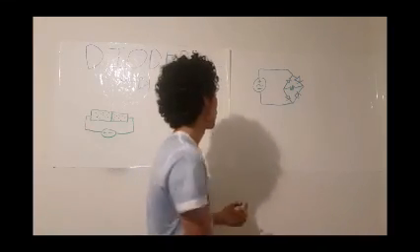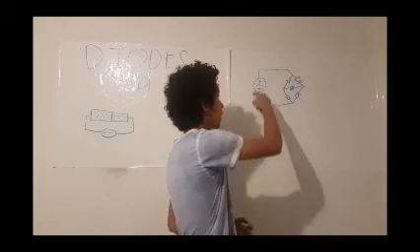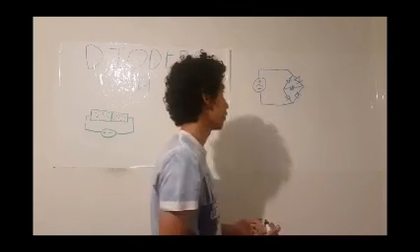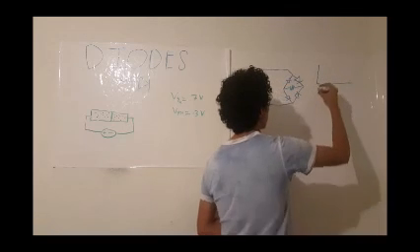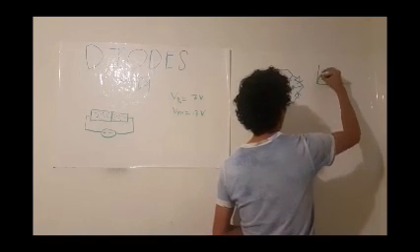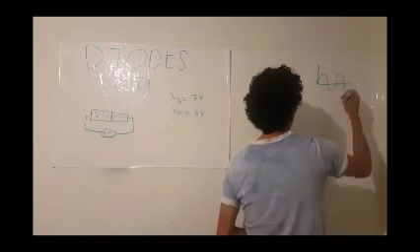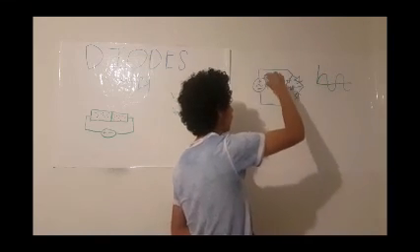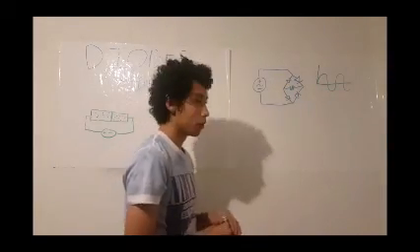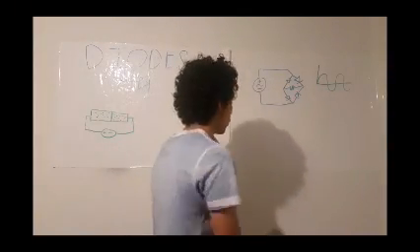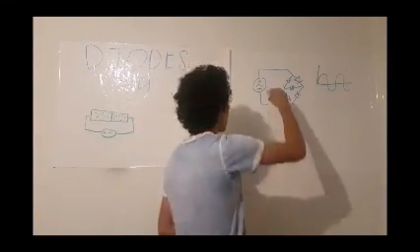The different thing here is that it has alternating current instead of direct, so that means that the voltage across time will behave like this. Sometimes this end is positive and sometimes it's negative. So, let's analyze what this diode bridge does.